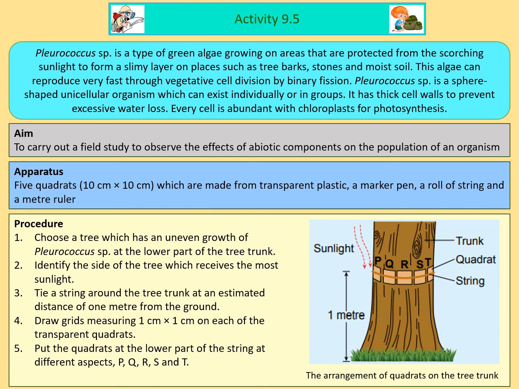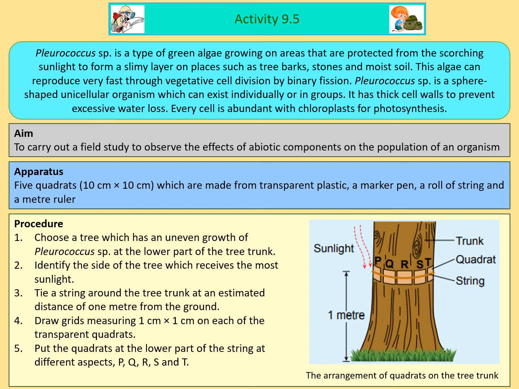The procedure: choose a tree which has an uneven growth of Pleurococcus at the lower part of the tree trunk. Identify the side of the tree which receives the most sunlight. Tie a string around the tree trunk at an estimated distance of 1 meter from the ground. Draw a grid measuring 1 cm x 1 cm on each of the transparent quadrats.